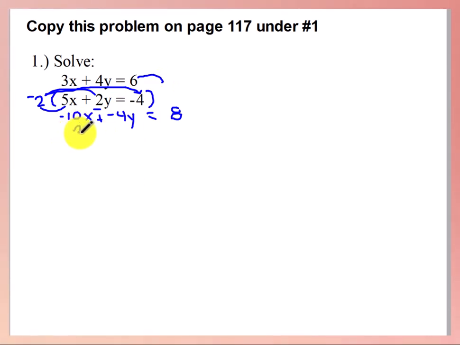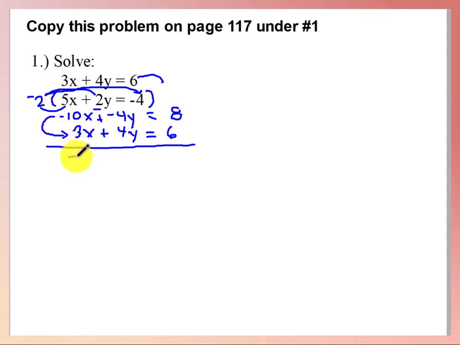So that first equation is positive 3x plus a positive 4y equal positive 6. I'm going to draw a straight line and then I'm going to add like terms. So negative 10 plus positive 3, opposite signs you subtract.